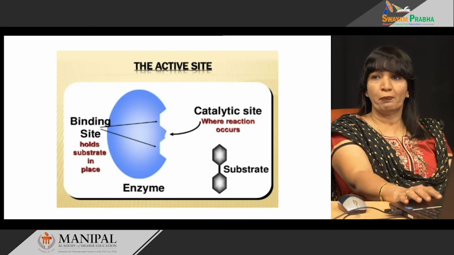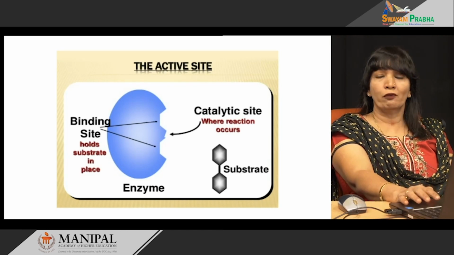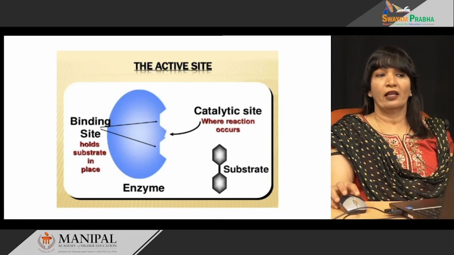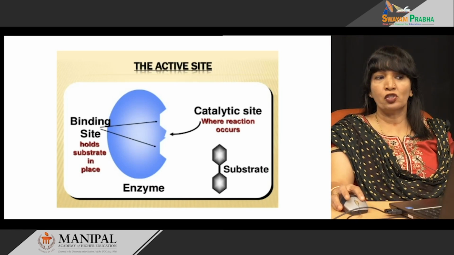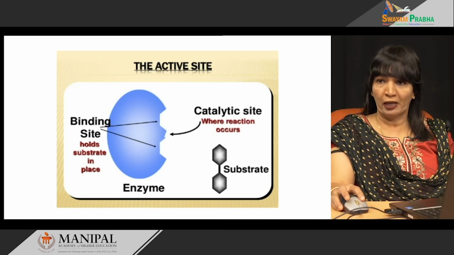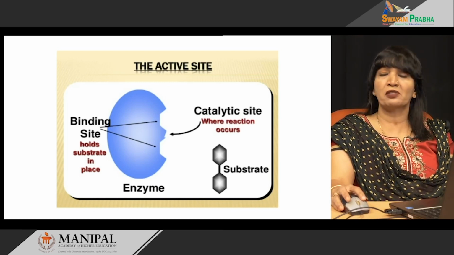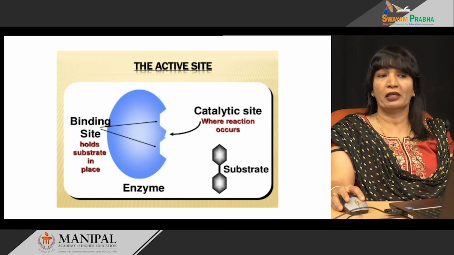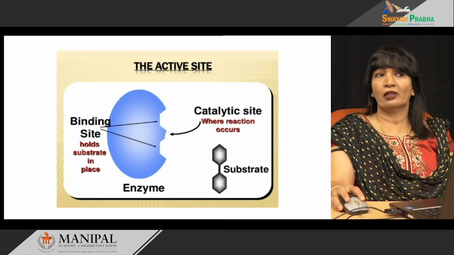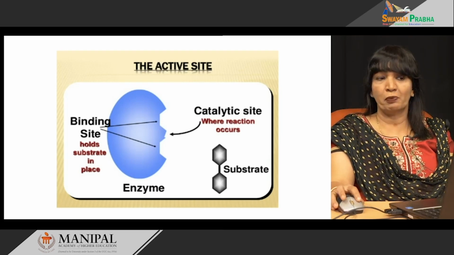So, here is a pictorial representation showing you the active site. Here the blue represents my enzyme, the small crevice here is the active site, and then I have the binding sites here, which normally hold my substrate in place. That is, the substrate exactly comes and fits into this small area. And here is the catalytic site where exactly the reaction takes place, where I had the glycosidic linkage, and on breaking that bond, I had my products being released.